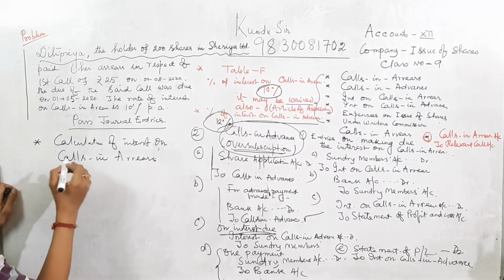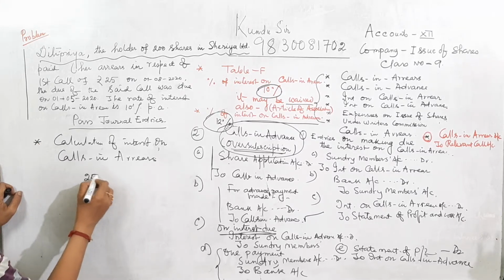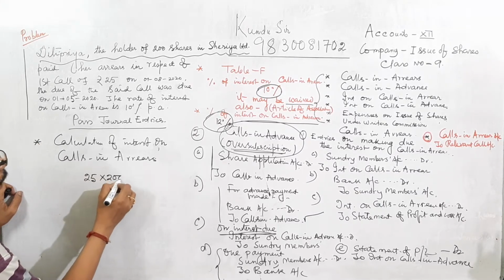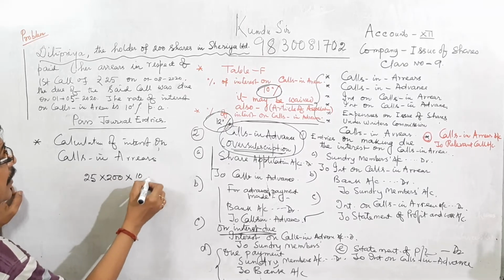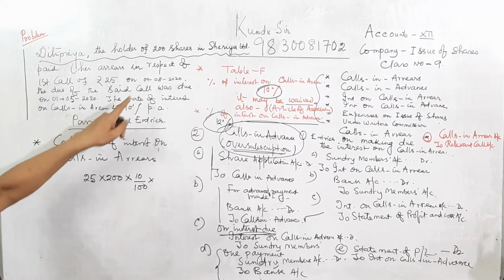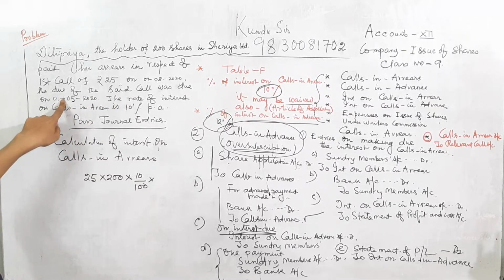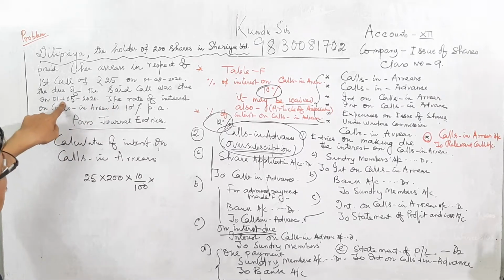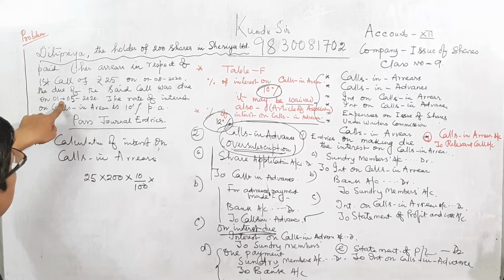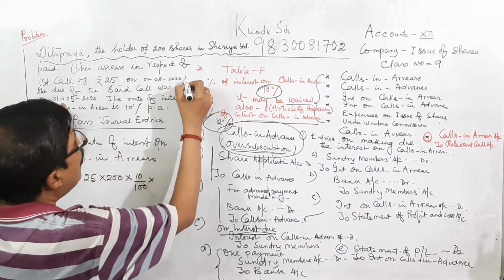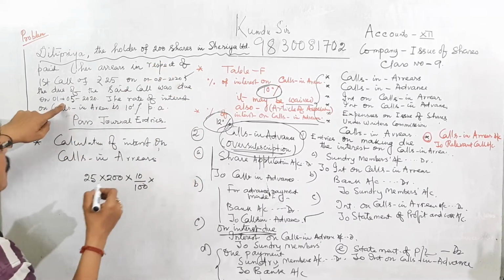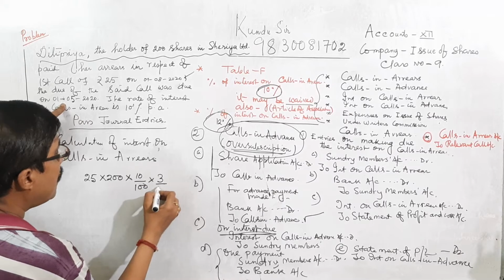How? That is equal to 25 into 200, rate of interest 10%, and duration that is May, June, July, 3 months only, because Ditipriya is paying the payment on 1st August. So it is 3 by 12.